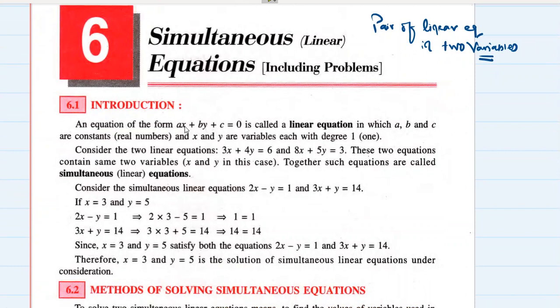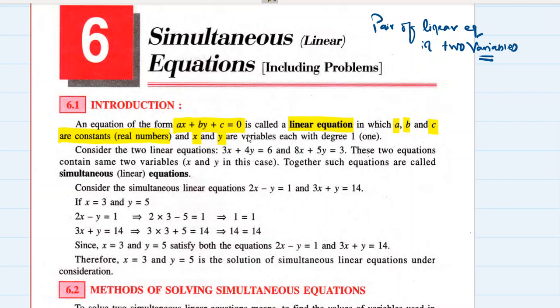Okay, so an equation of the form ax plus by plus c is equal to 0. Remember, ax plus by plus c is equal to 0 is called a linear equation in which a, b and c are constants, real numbers.